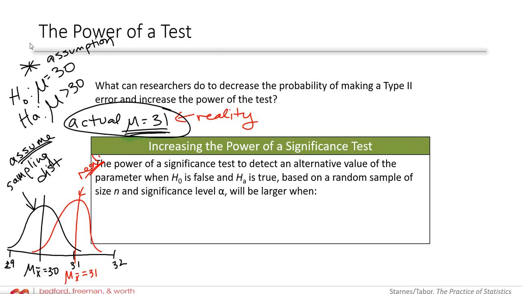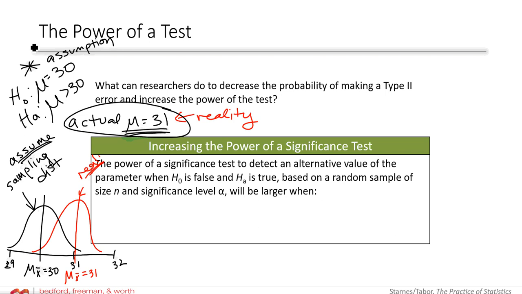So going back to my picture, if this red HA value is actually true, and I have this certain sample size in my black sampling distribution, if I increase my sample size, remember we said that decreases sampling variability.